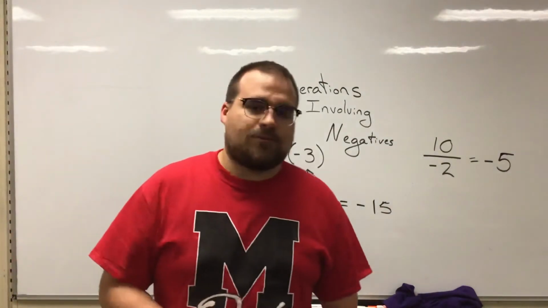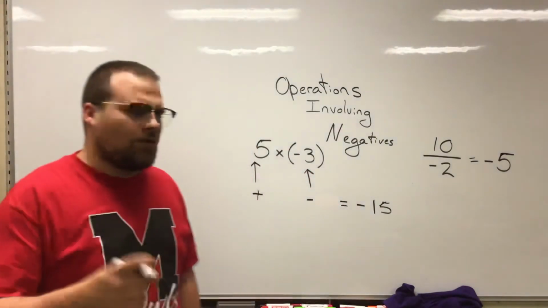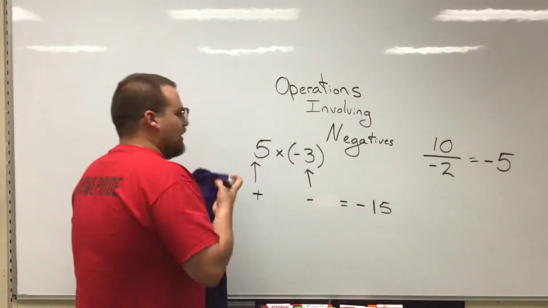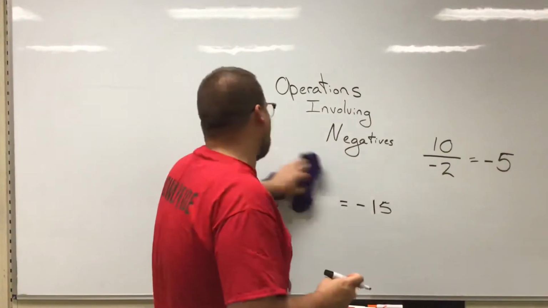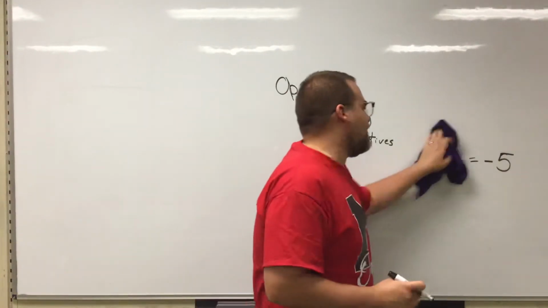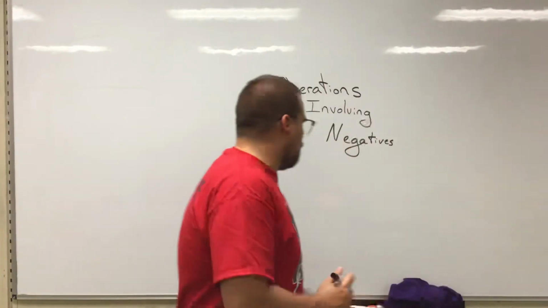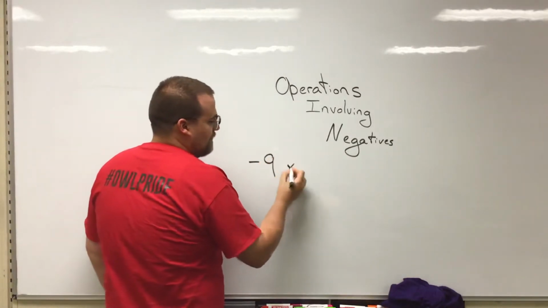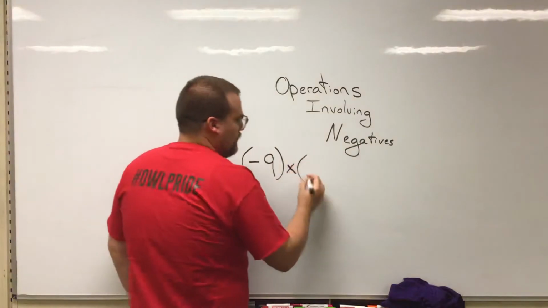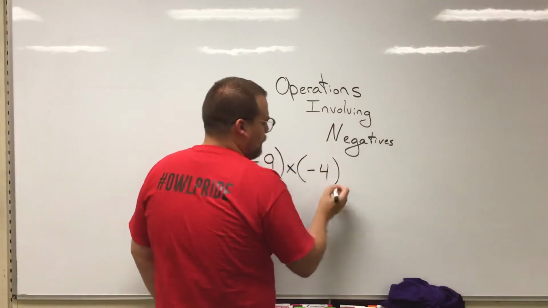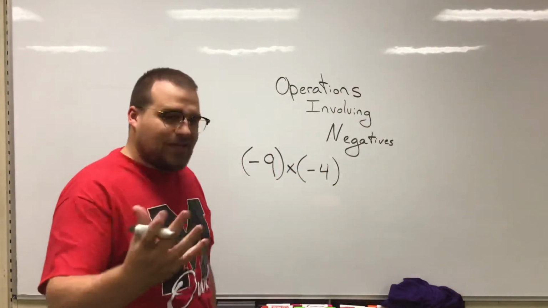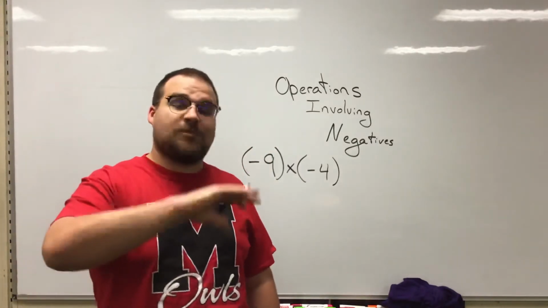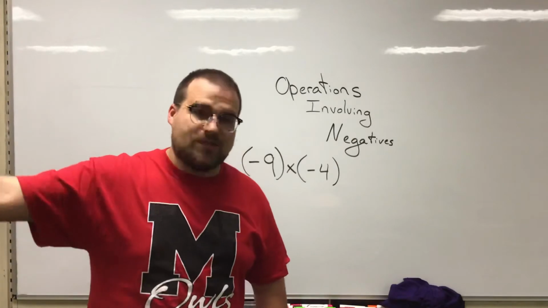The last thing I want to talk about with multiplication and division is what if we have 2 negative numbers? What if we have -9 times -4? Well, what did I say about when we have 2 of the same sign, right? We said that when there's 2 different signs, it's always negative.